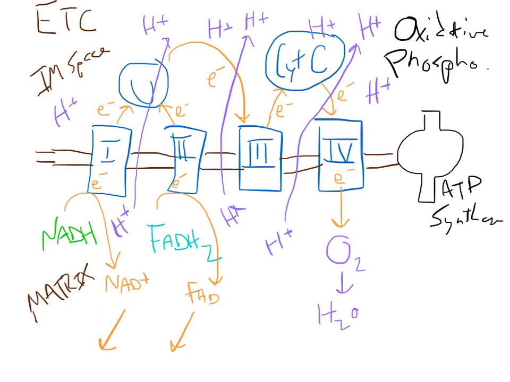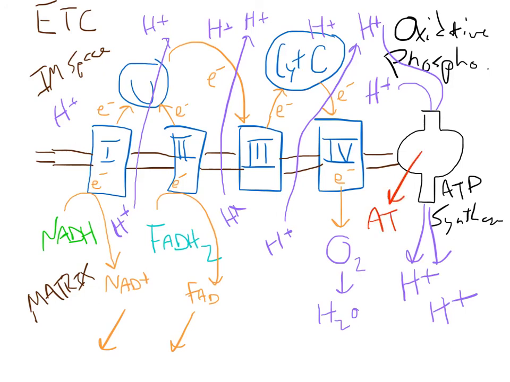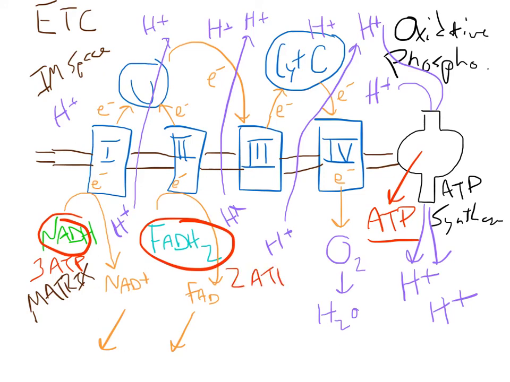So as all these hydrogens move back across to where they started into the matrix, that movement of protons is going to allow ATP synthase to make ATP, and a lot of it. Remember, every NADH that goes through this chain is worth 3 ATP, and every FADH2 that goes through this chain is worth 2 ATP. So we're going to make a lot of ATP in this last step of the electron transport chain.